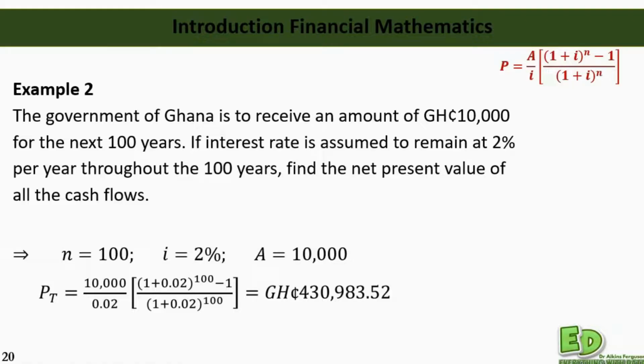It says that the government of Ghana is to receive an amount of 10,000 for the next 100 years. So 10,000 every year throughout the 100 years. If the interest rate is assumed to remain at 2% per year throughout the 100 years, find the net present value of all the cash flows.